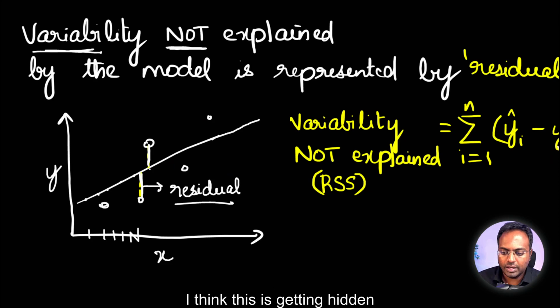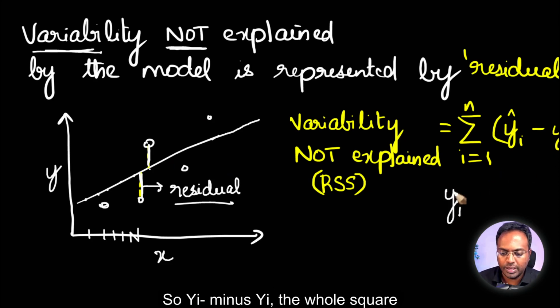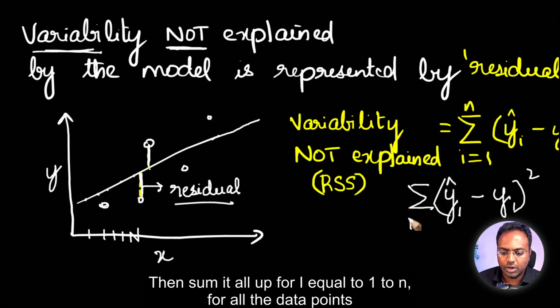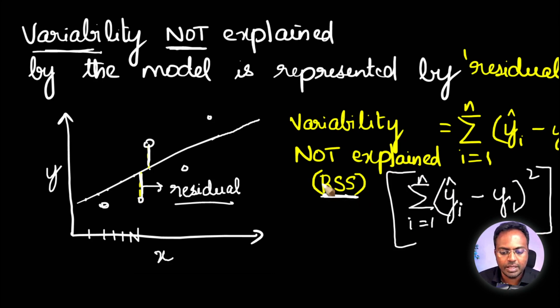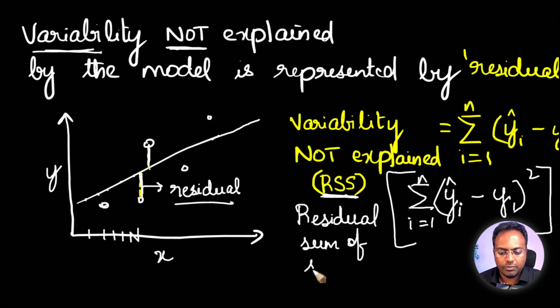So yi dash minus yi, the whole square. Then sum it all up for i equal to 1 to n for all the data points. This formula represents the variability not explained by the model, which is nothing but the residual sum of squares.